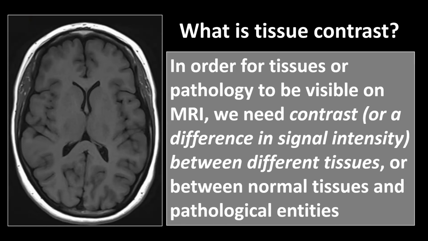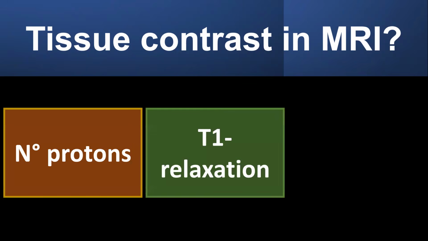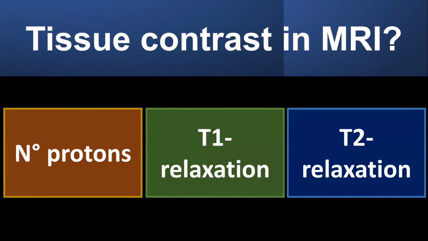So what determines the tissue contrast in an MRI is basically three things. Tissues have differences in their number of protons, their T1 relaxation times and their T2 relaxation times.